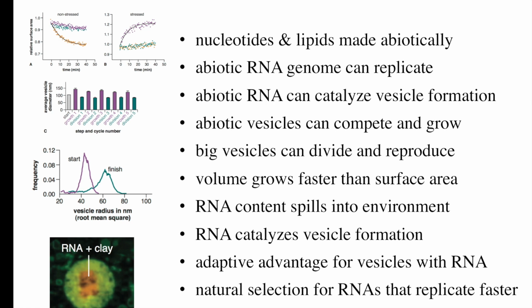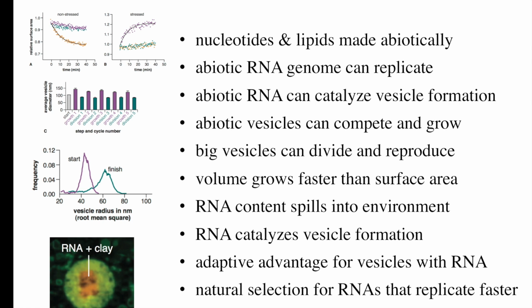Well, you can make nucleotides and lipids abiotically, as shown by NASA experiments and also the Miller-Urey experiment, that the abiotic RNA genome can replicate. RNA can act like an enzyme and catalyze itself to make more copies of RNA, that the RNA can catalyze vesicle formation.